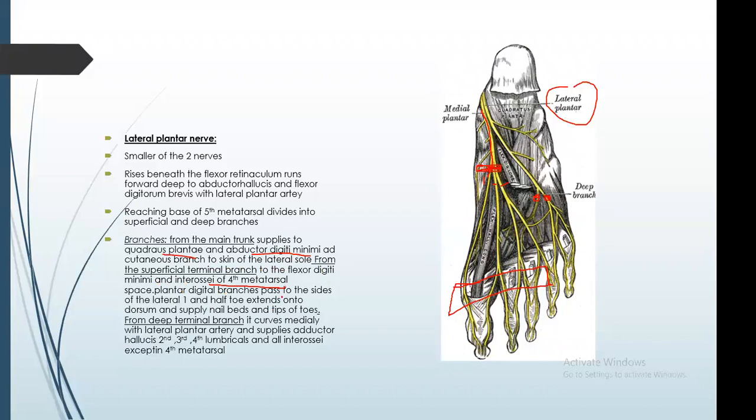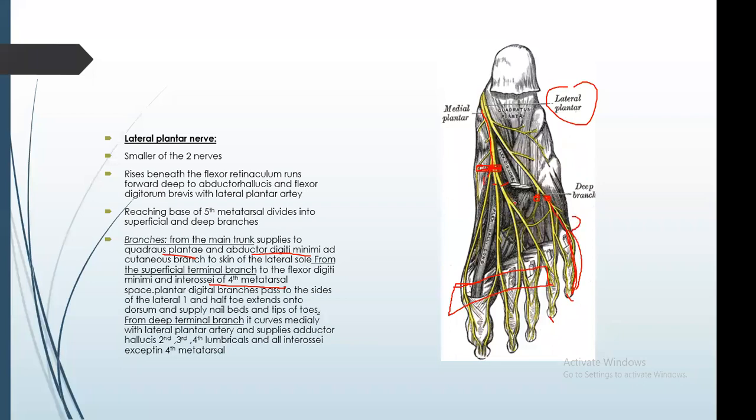Plantar digital branches pass to the sides of the lateral 1.5 toes, extend onto the dorsum and supply the nail bed, the tip of the toes. So this one here innervates the lateral side and also the tips of the toes above and the lateral side.